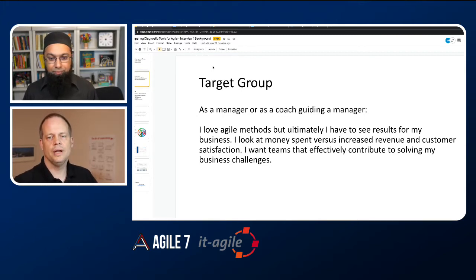Yeah, so when I'm working in the field, many companies approach us and they are telling us that they really love agile methods, but they've come to a point where they've reached a plateau or they really didn't get the results that were promised. And so they want improvements, they want us to help them. But what we usually need to do is figure out where are their weak spots, where do they shine, where does Agile really work.